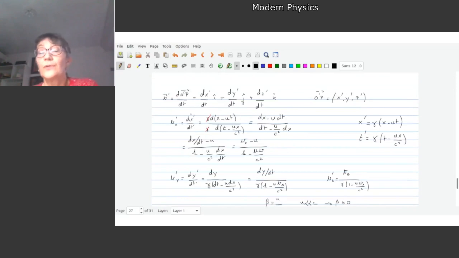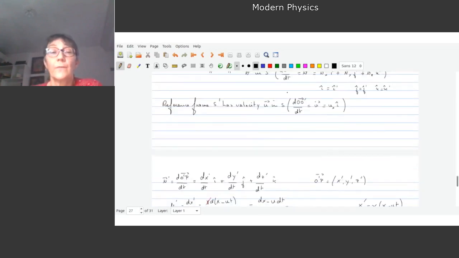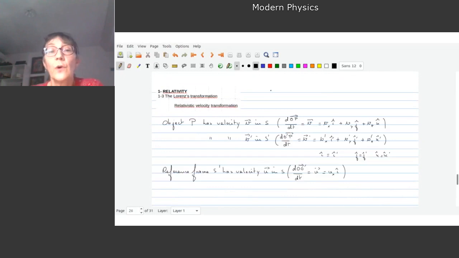And so now what we are going to do is, we know how to pass from x, y, z, t, and we know how to calculate positions, coordinates and time in the other referential. This is Lorentz.